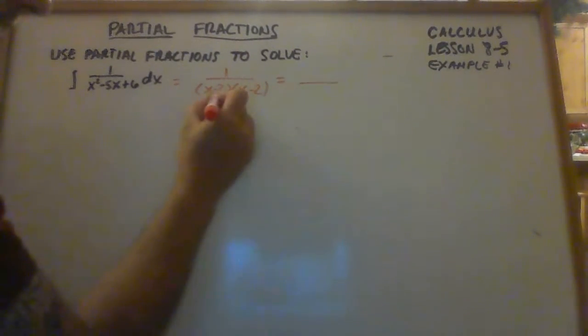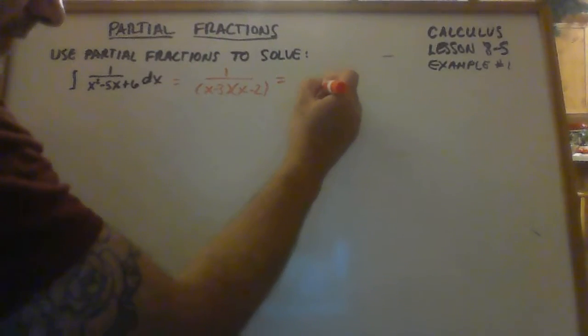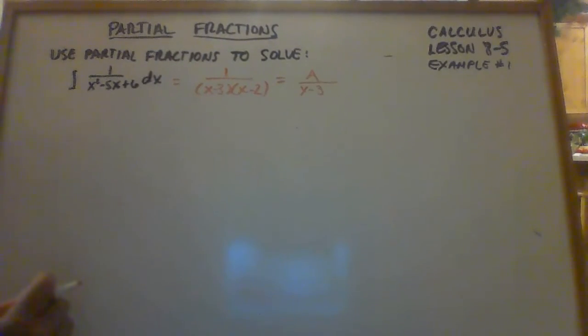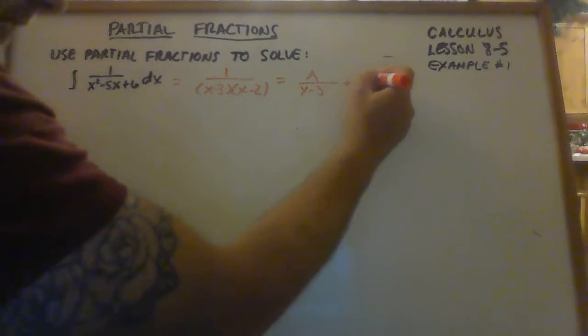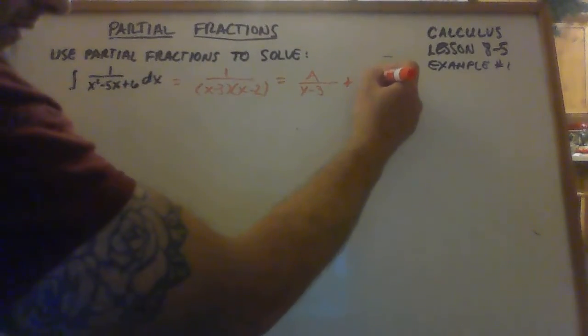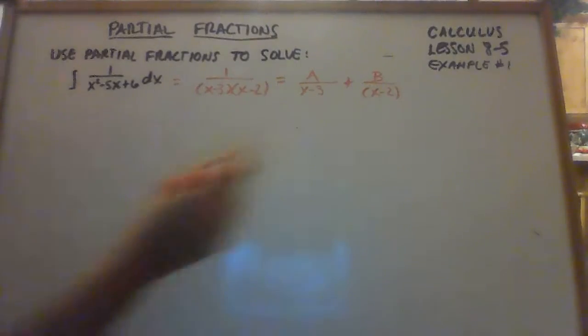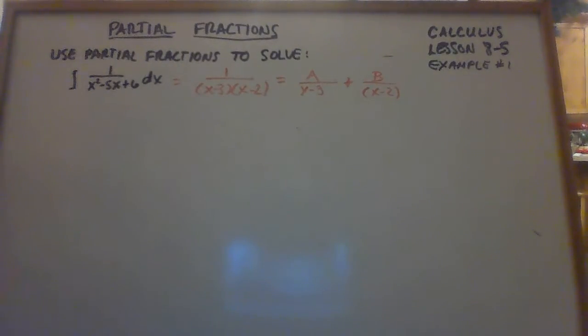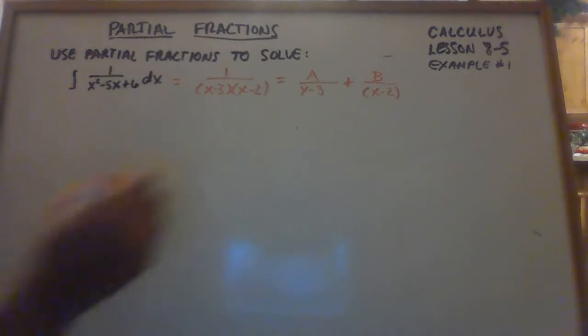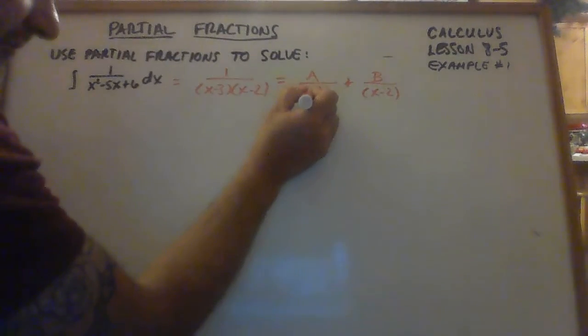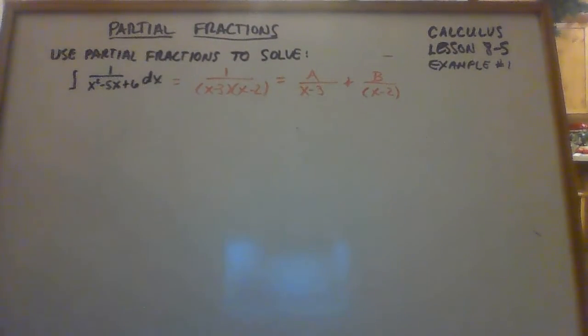You're going to take this x minus 3, put it under here, put an a up there, plus, put a b over here, and put this factor, x minus 2, down here. Then we're going to find the two fractions that this will decompose into. So I've got to solve for a and b.